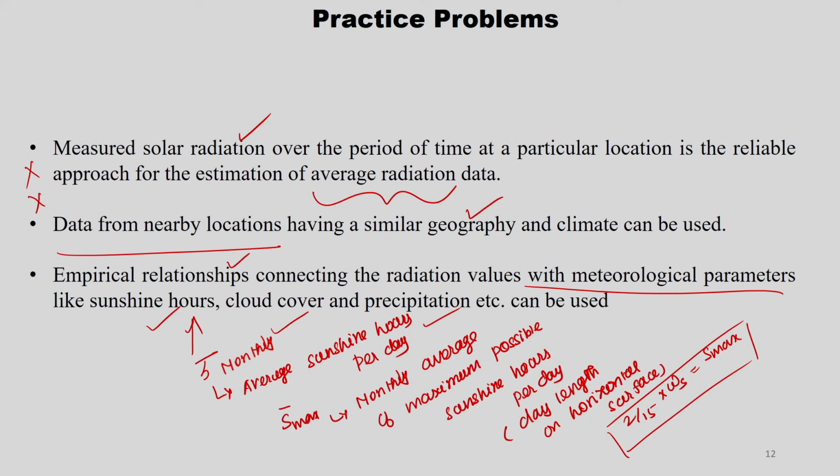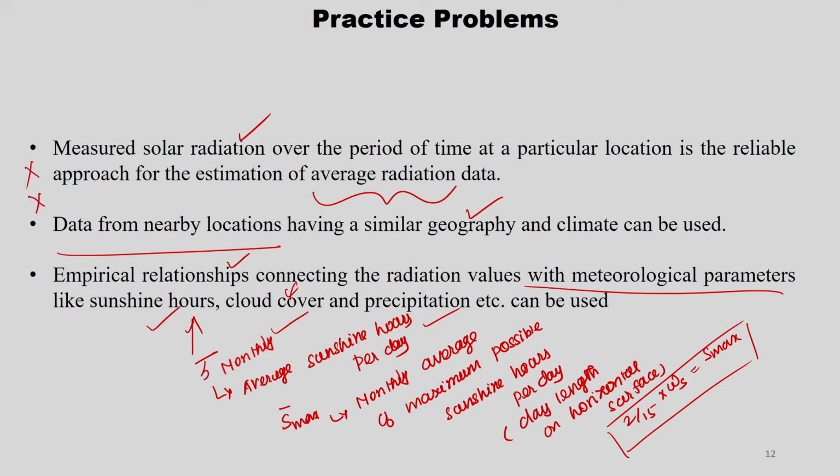Among these meteorological parameters, sunshine hours predict the radiation values more accurately compared to the others. One more thing to tell is about cloud cover: we cannot define a clear day by any parameter, so there is a discrepancy or confusion over how to define that particular day.